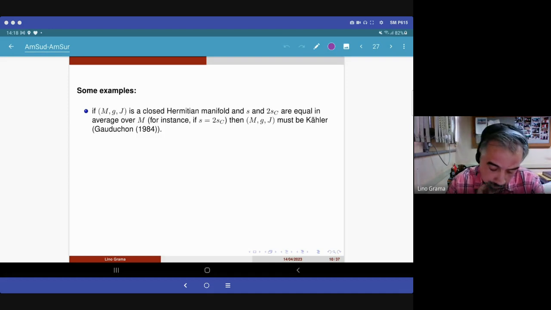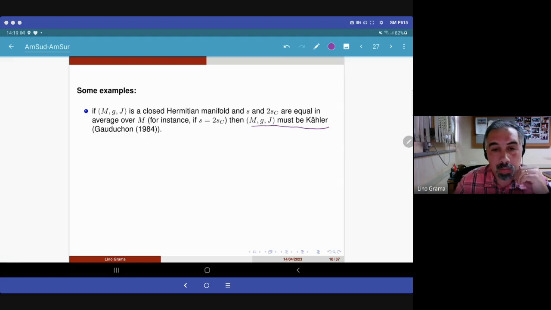The first example is a very interesting result. This is a very nice result from Gauduchon. If we start with a closed Hermitian manifold, and we assume the Riemannian scalar curvature and twice the Chern scalar curvature, on average over M, are equal, then this manifold must be Kähler.